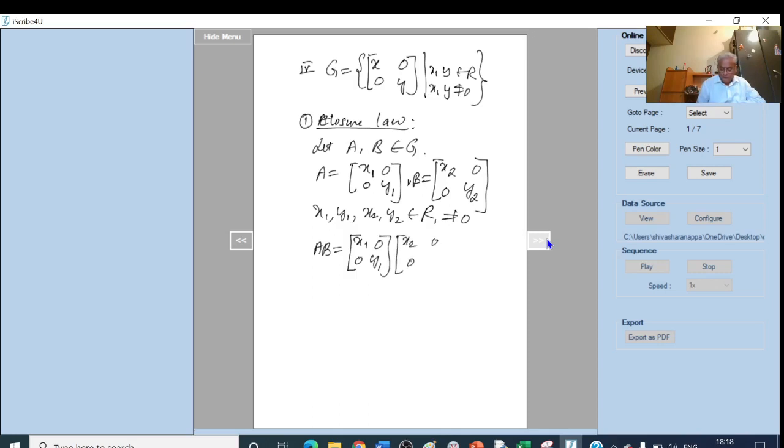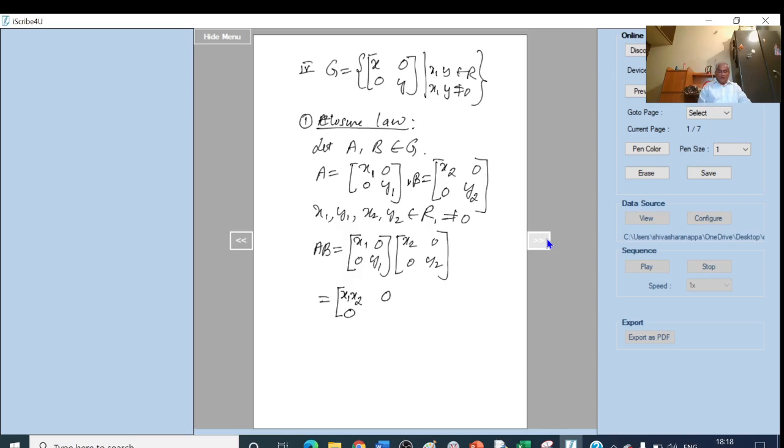AB is equal to [x1 0; 0 y1] times [x2 0; 0 y2]. First row first column is x1 x2 plus 0 into 0, that is x1 x2. First row second column is x1 into 0 plus 0 into y2, which is 0. Second row first column is 0 into x2 plus y1 into 0, which is 0.